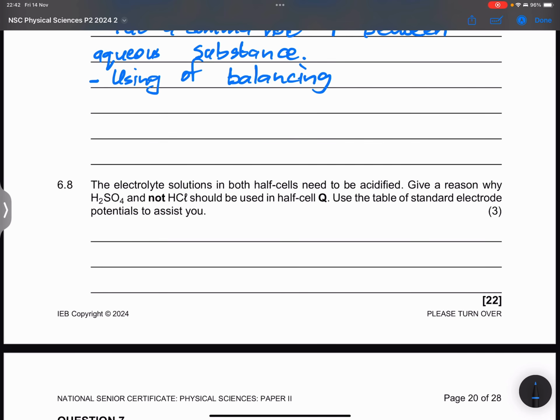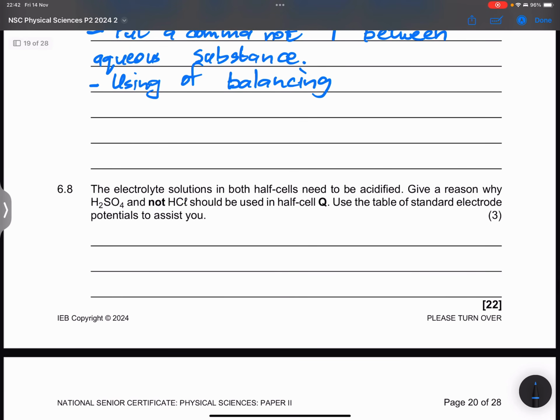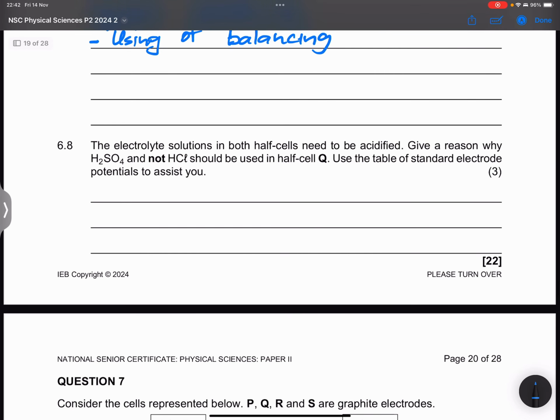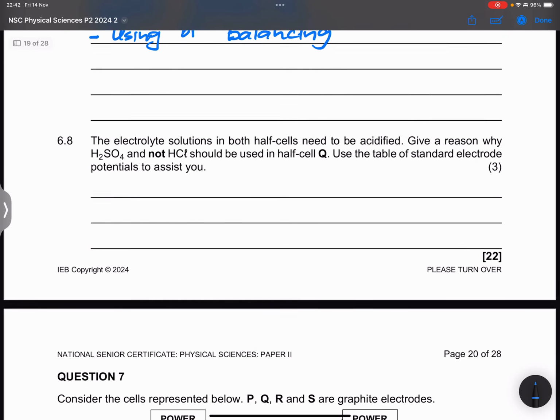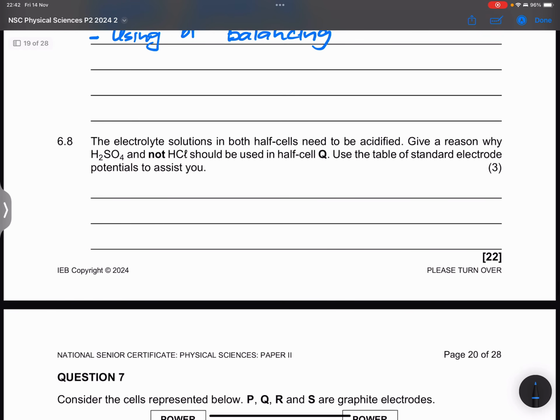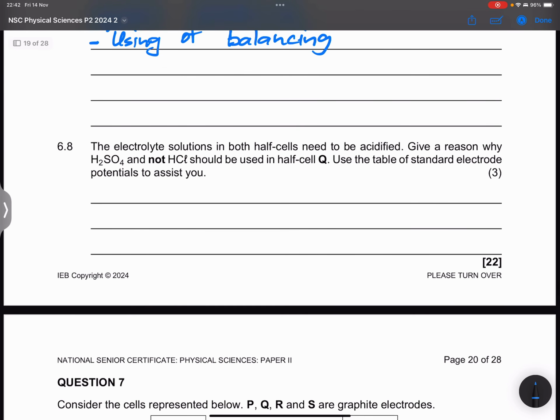Oh my, okay, I'll have to open it in a different document. Let me just see.